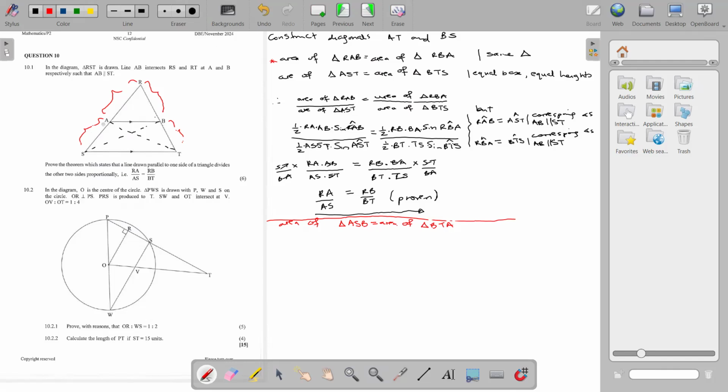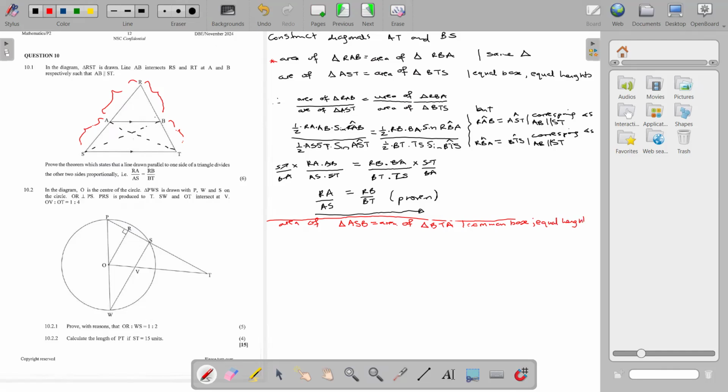If you check, we are talking of triangle ASB and triangle BTA. They have a common base and they have the same height. So the reason that we are going to use is because they have a common base and their heights are equal.